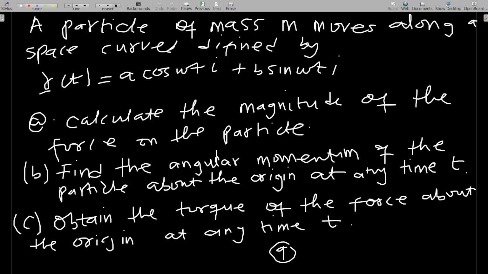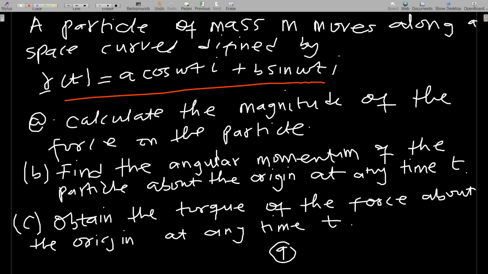Okay, so the last question we have: a particle of mass m moves along a space curve defined by r of t. So our position vector is defined by a cos omega t i plus b sine omega t j. Calculate the magnitude of the force on the particle.